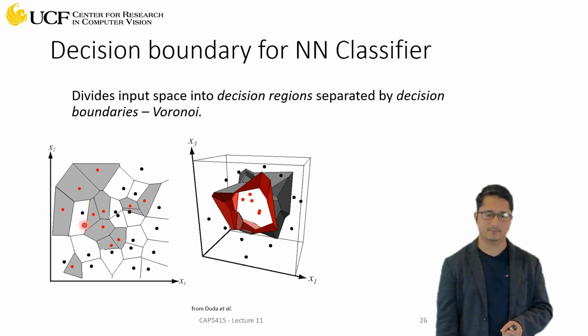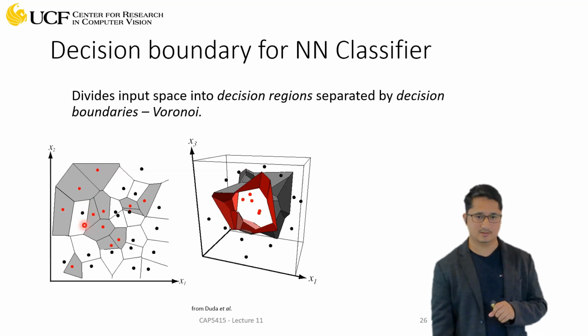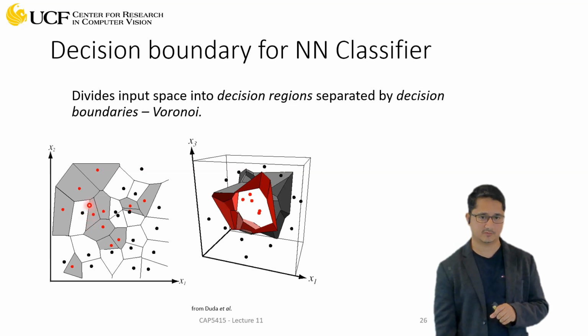If you divide this whole space into different categories based on distances, all you have to do is divide the space between two different samples. This is sample number 1, this is sample number 2, and this is the line perfectly dividing these two points.